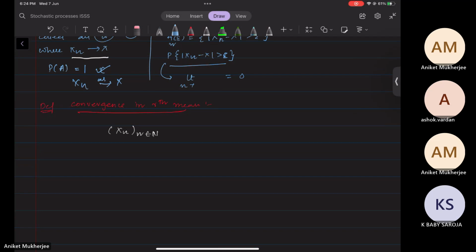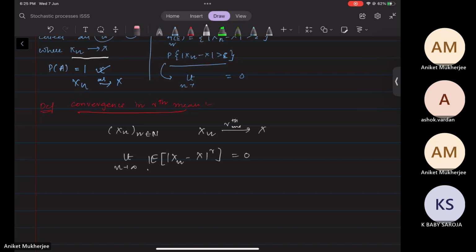Okay, convergence in Rth mean. You have a sequence of random variables xn. Now you say that xn converges in Rth mean to x if the limit as n tends to infinity of the expectation of |xn minus x|^r equals 0.